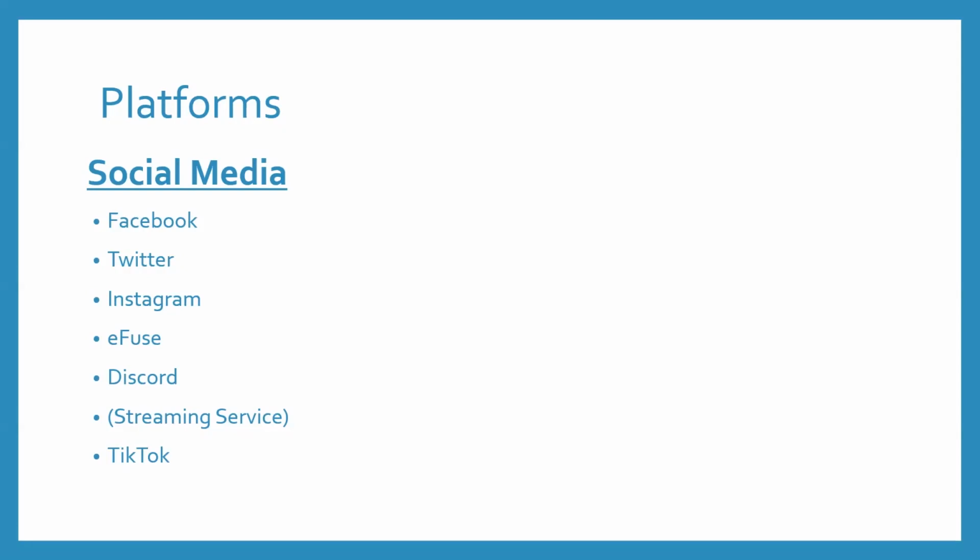You can insert your streaming service here. We'll talk about streaming in a bigger section, but that is a social media that a lot of teams are grabbing onto because that's how we share our gameplay. And then I have TikTok in here because it's relevant, and there are actually some teams that are creating TikTok accounts and sharing content that way. Then you have stats platforms, op.gg, something that every League of Legends team should be looking at.